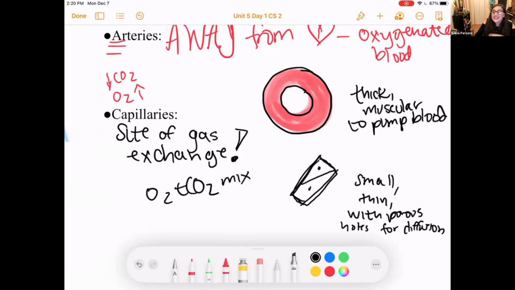The function of the capillaries is that they're small so they can get all up close inside your muscles and your organs and carry the blood and provide blood supply. That's the function of the capillaries. So the O2 and CO2 mix because that's gas exchange.